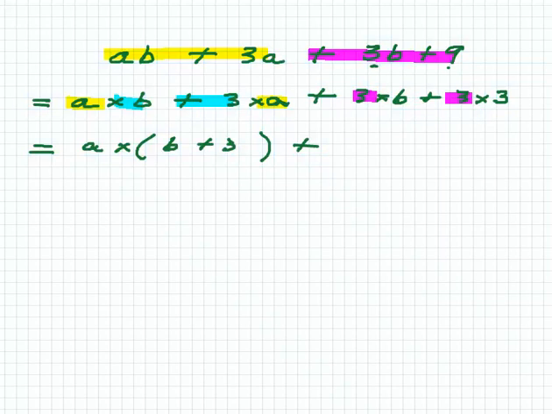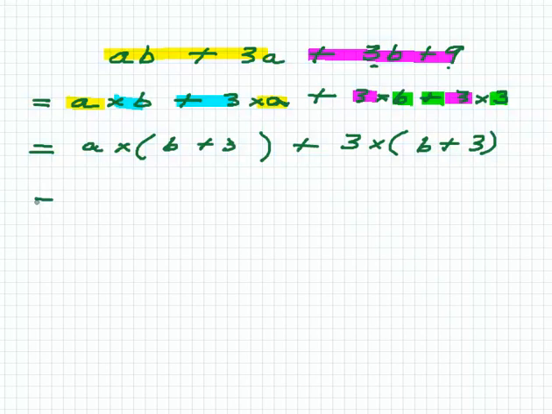So now let's go to our new line and write down that common term, the 3 times, open bracket, and then write whatever's left. So let's get my green highlighter. I've got the B and I've got the plus 3. So let's write that out. So we end up with B plus 3.